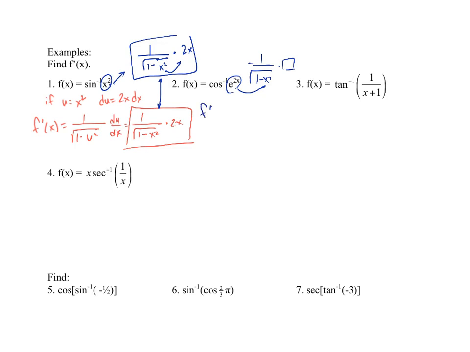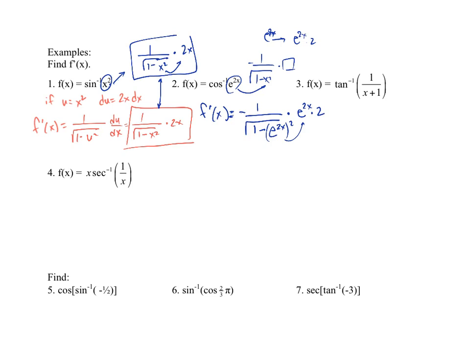We have f prime of x will be negative 1 over root 1 minus e to the 2x, this would be squared, times, I need to chain rule this part. So the chain rule on this would be e to the 2x times 2. Because I need to take the derivative of e to the 2x. Derivative of e to the 2x is e to the 2x times 2. That's what we have there.